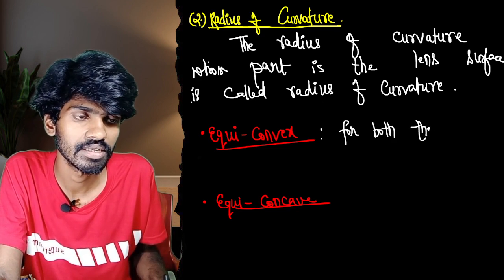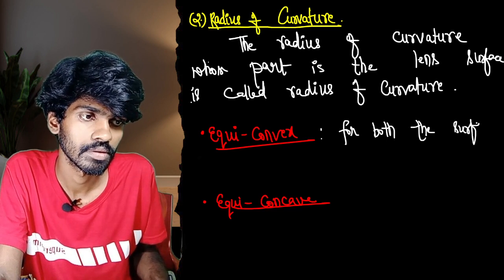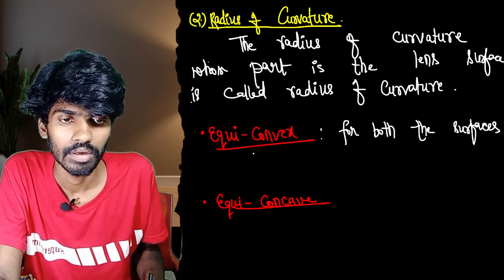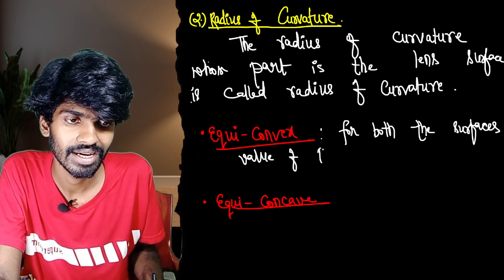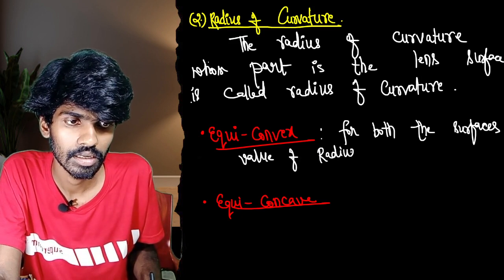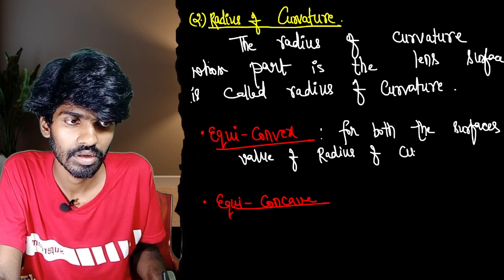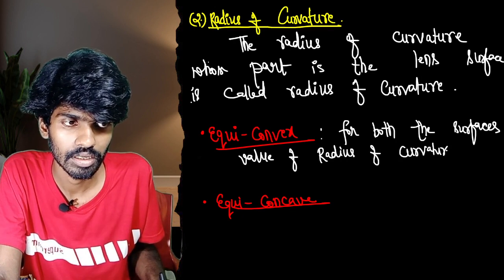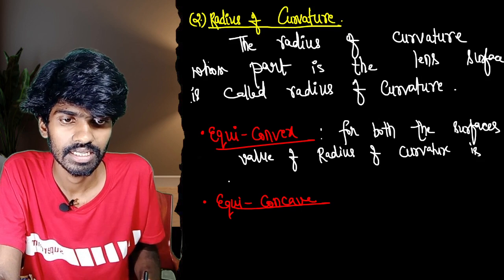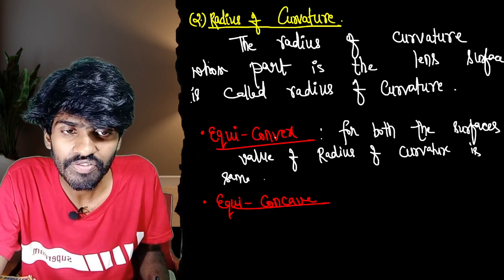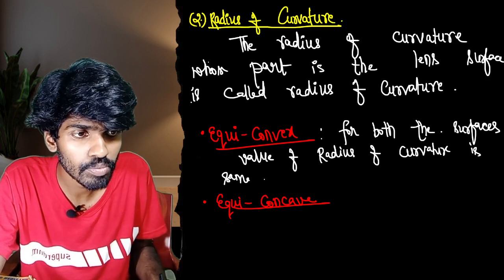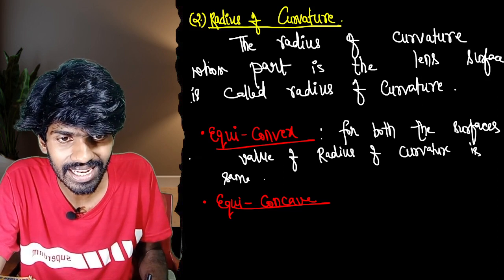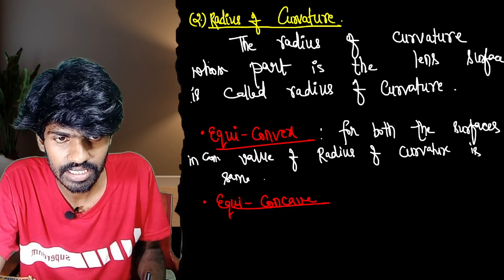Okay, so you can also write for both the surfaces the value of radius of curvature is the same. Since we write for convex lens, in the definition you can mention convex for both the surfaces in convex lens.